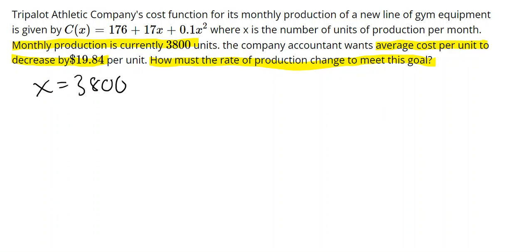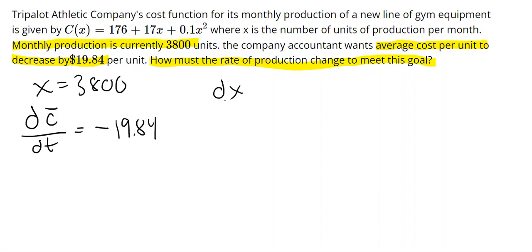So there is a rate. That's the rate that we're given. So the change in average cost with respect to time is going to be a negative 19.84. And of course, we already identified over here, how must the rate of production be changing? So we want to find dx/dt. That is what we are finding.